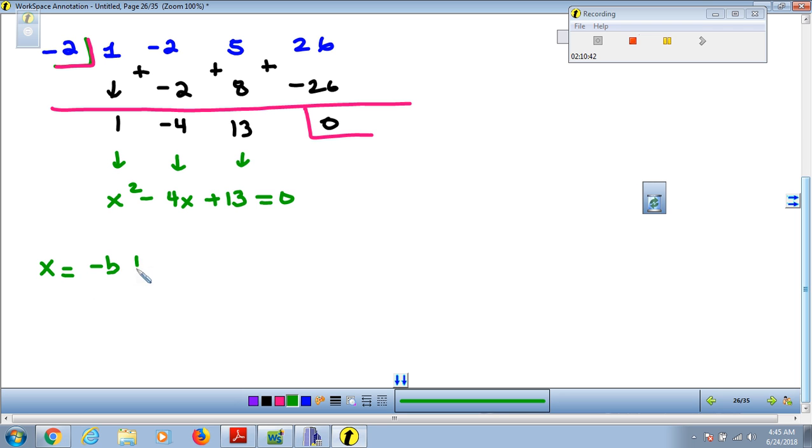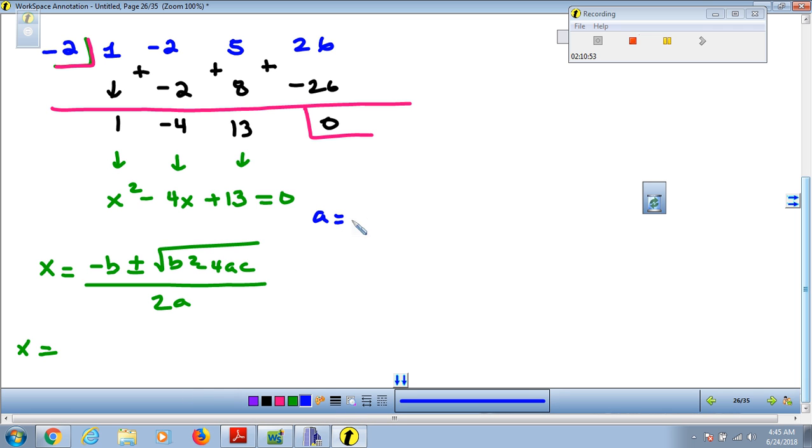So then I'm going to use the quadratic formula. Negative b plus or minus the square root of b squared minus 4 times a times c, divided by 2a. Okay, so then that's my a, my b, and my c value.